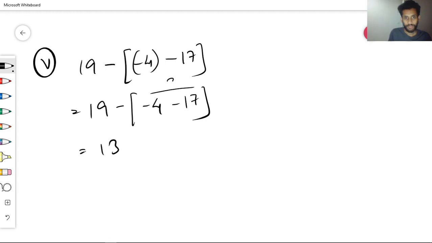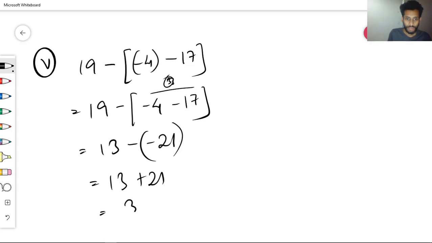So we will be using the third formula here, that is 4 plus 17 will be 21, then minus 21, 19 minus 21... so this is the answer.